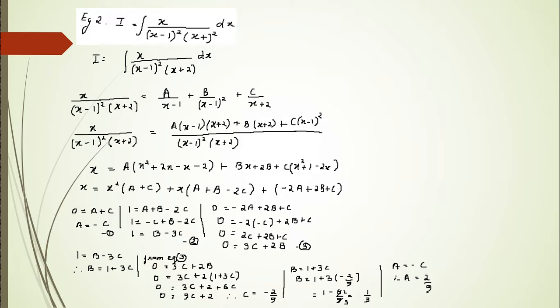Right, children? Now let me go to the next page. So I can rewrite this. Now what did I get? I got x by x minus 1 whole square into x plus 2.